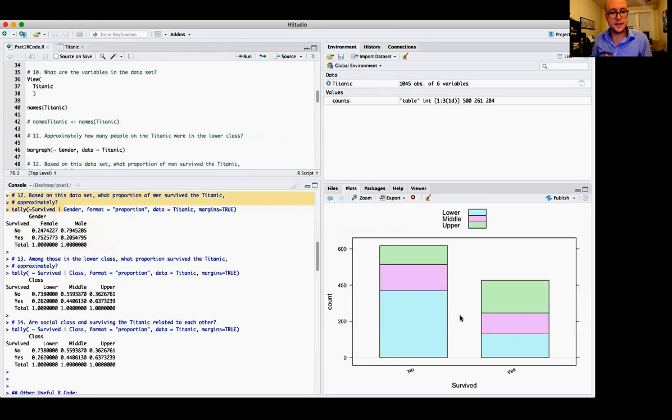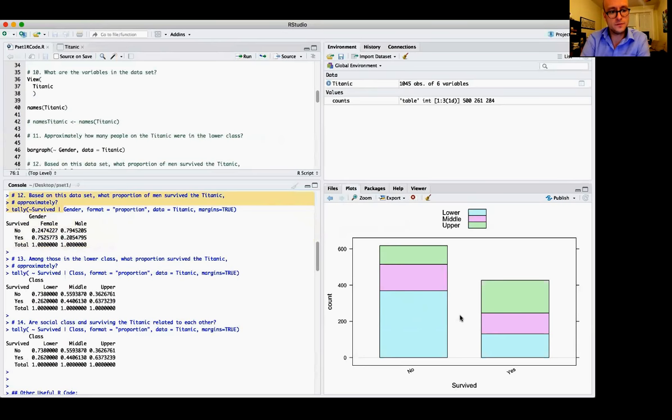A contingency table, as it might sound, tells us the proportion or the percentage of one category contingent on splitting the sample by another category.